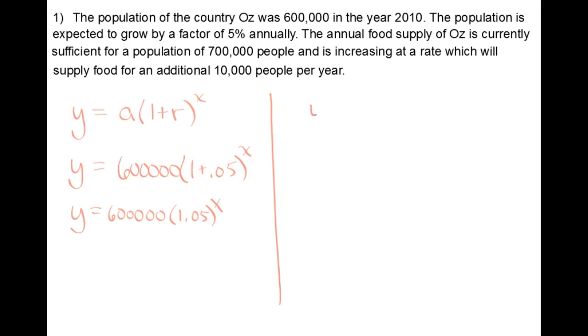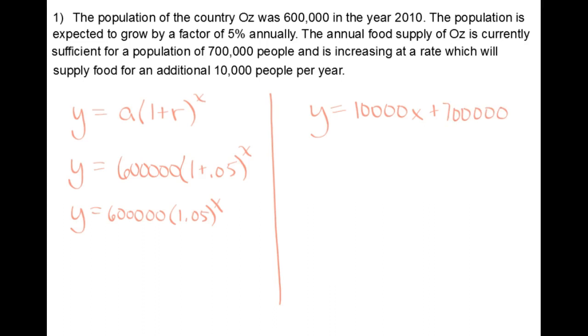So we'd say y equals, and this is where m normally goes. This m is slope or rate of change. Well, if it goes up 10,000 per year, that's the rate of change, 10,000. X would be years, just like it is in the other equation. Plus, you start off by having enough food for 700,000 people.